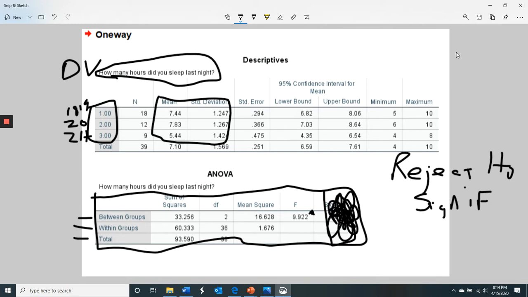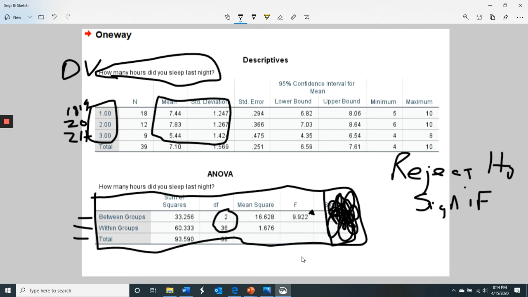So the sentence that's next in the results is just a simple statement about, are they related? They are. So we just simply say that age was related to the number of hours somebody slept last night, comma, F, parentheses, 2, comma, 36.